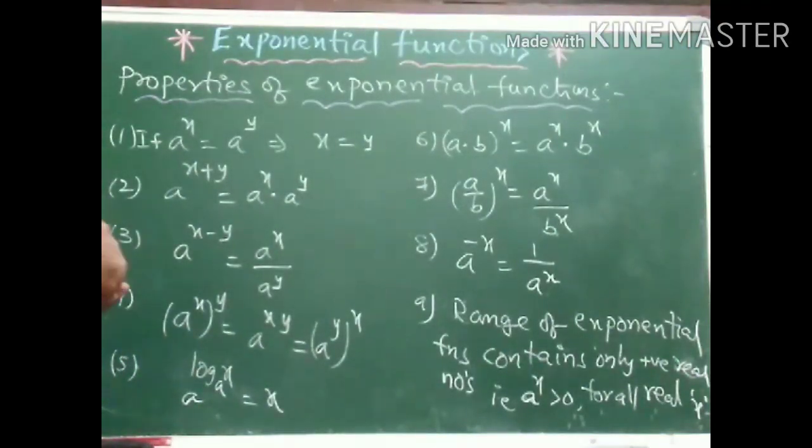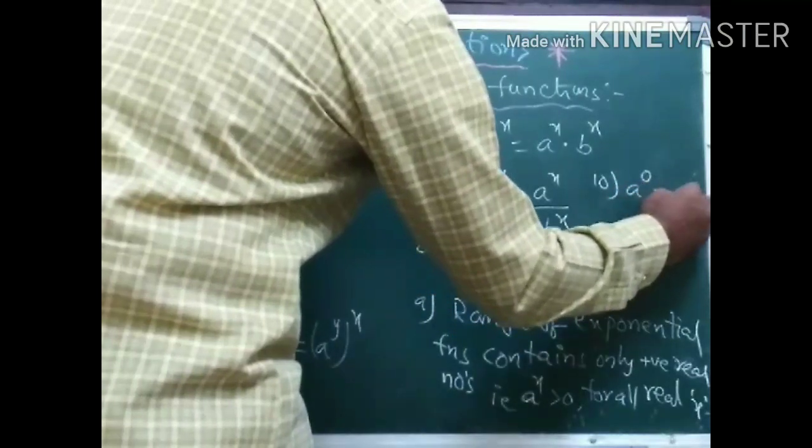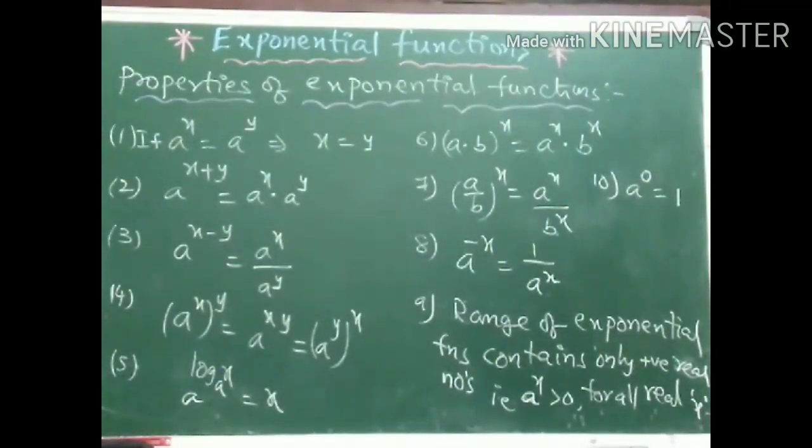And finally, last but not least, property number 10: a to the power of 0 is equal to 1. Okay my dear. So just go through these 10 properties. These are nothing but formulas which help us solve problems related to exponential functions. Please go through the formulas, I mean these properties.